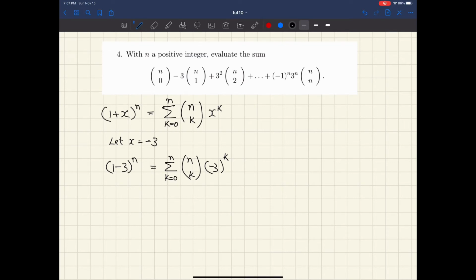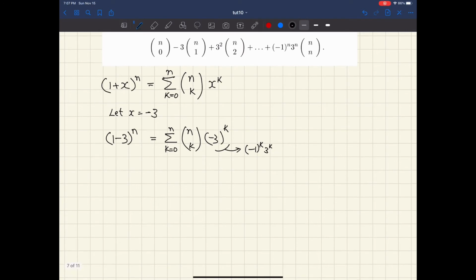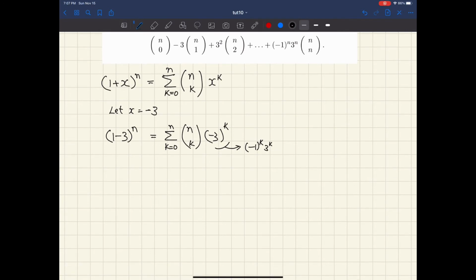Now here you can see if you say k equals 0, the first term comes up, nC0. For k equals 1, it is nC1 times minus 3, which is exactly our first term. So this way we can write down all our terms.